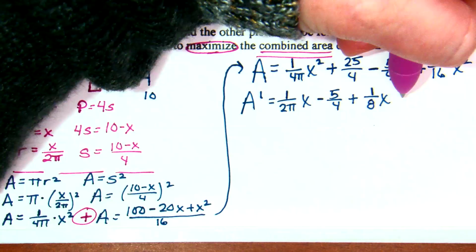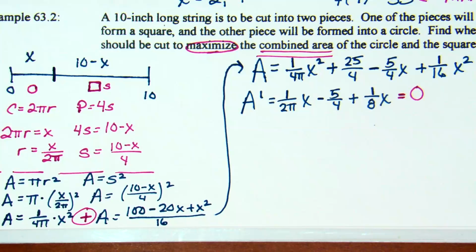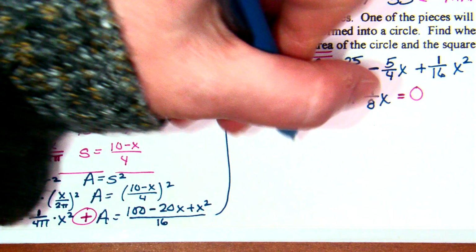Thoughts on how to start solving this? We are going to, in a way, combine the x terms here in a moment. You need the x's on one side, yes? So we can leave the x's on the left and combine them and move the minus 5 fourths over. So for right now, I'm just going to keep 1 over 2 pi x plus 1/8 x. And I'm going to add the 5 fourths over to the other side.